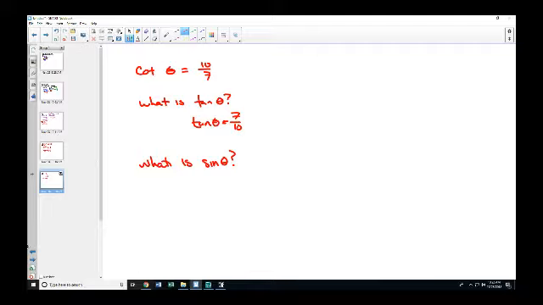Or tangent to sine, since we know tangent. There's theta, opposite, adjacent. We know sine is opposite over hypotenuse.